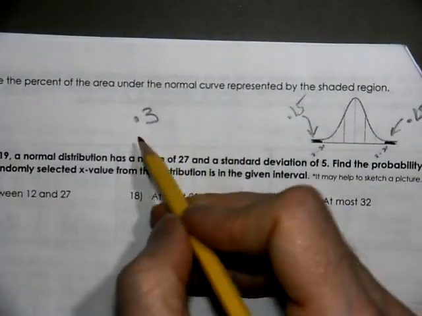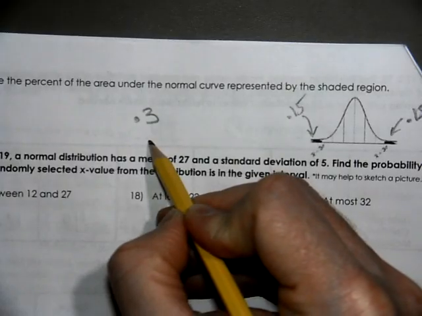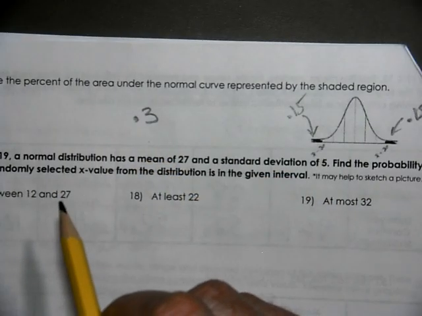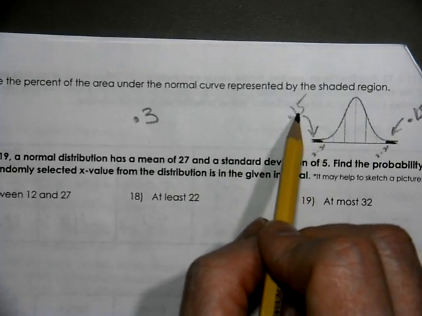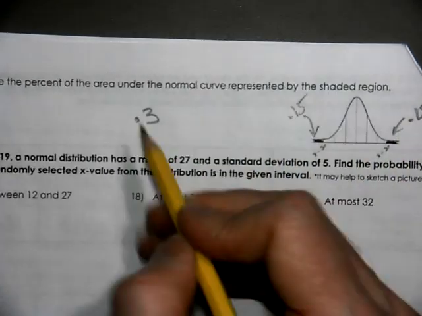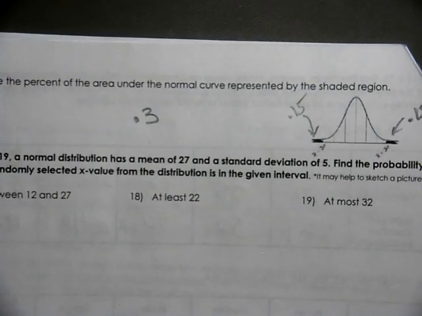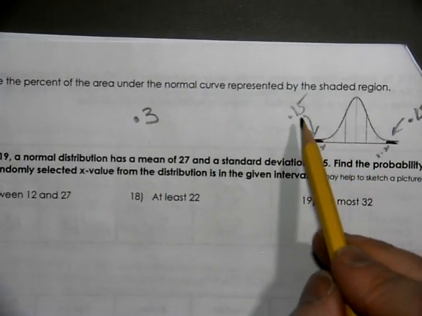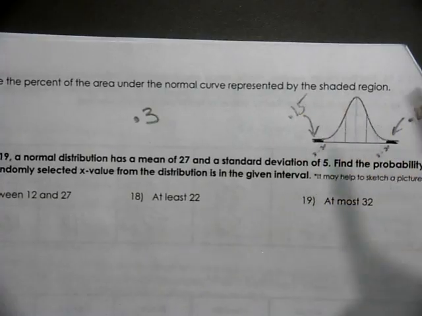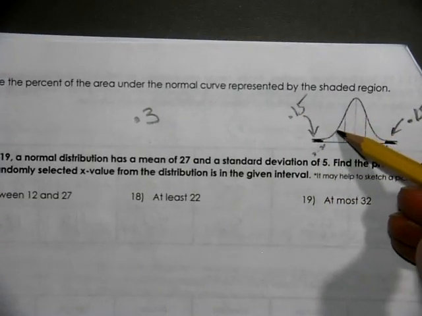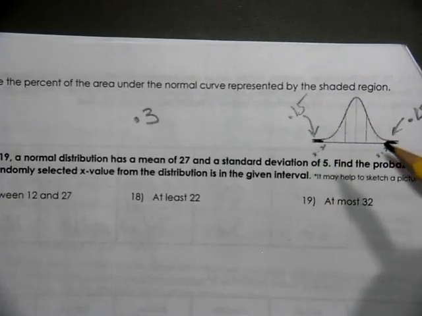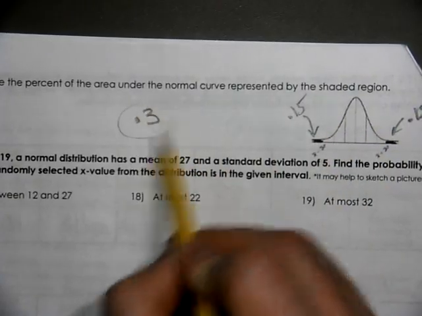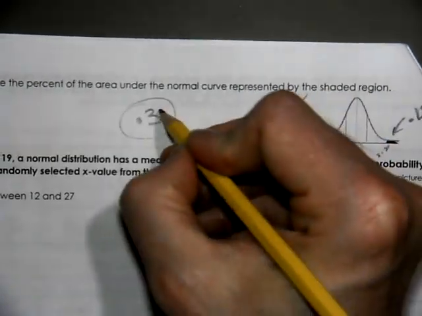The percent, alright, this is 0.3 percent, because this is 34%, 13.5%, 2.35%, 0.15%. So it would be 0.3%.